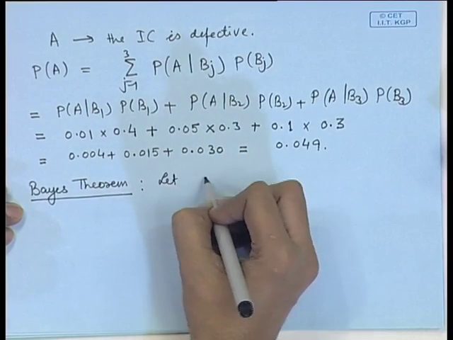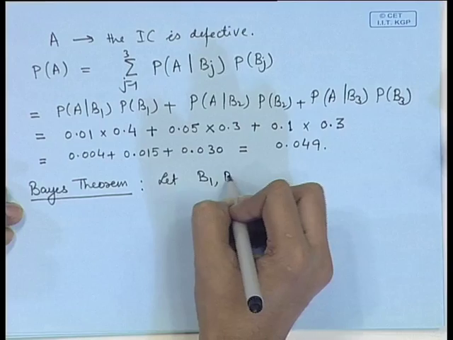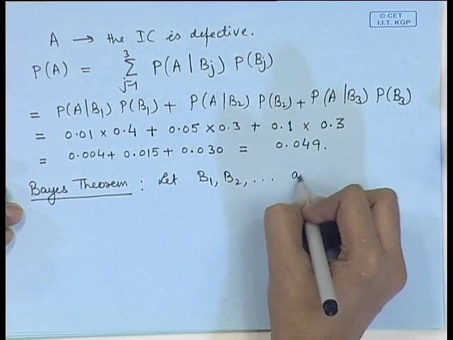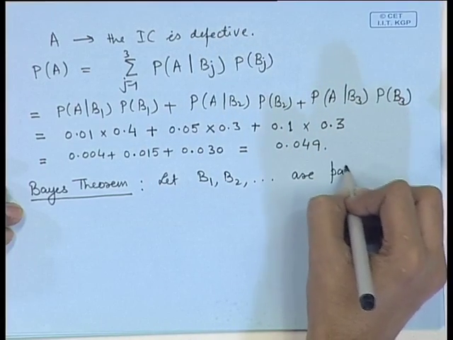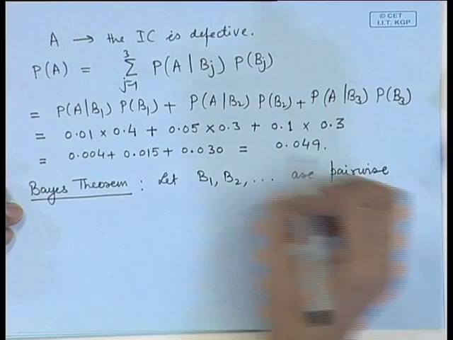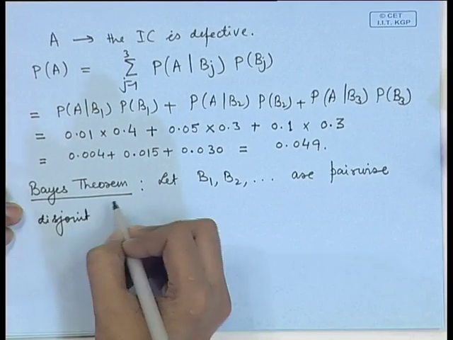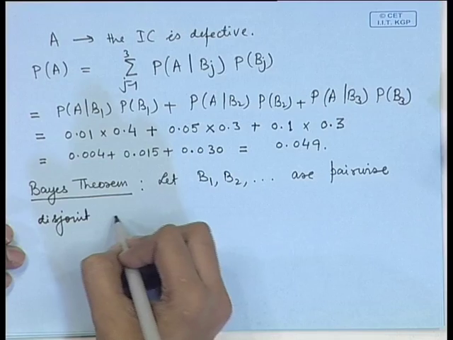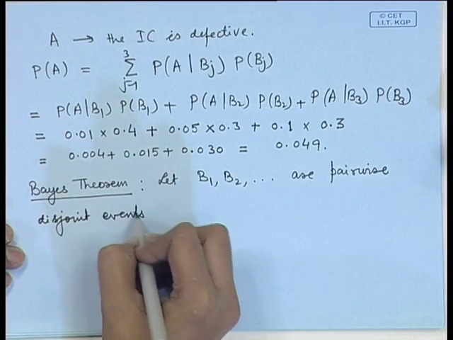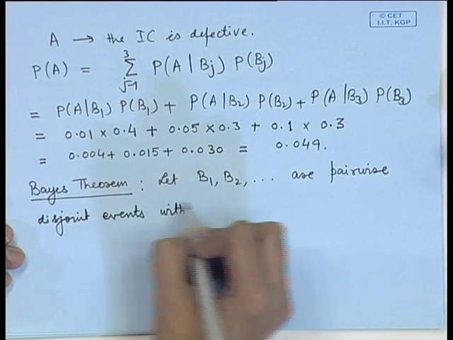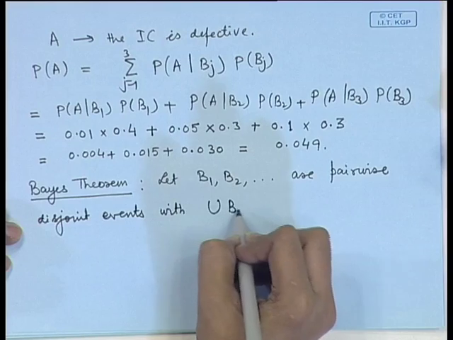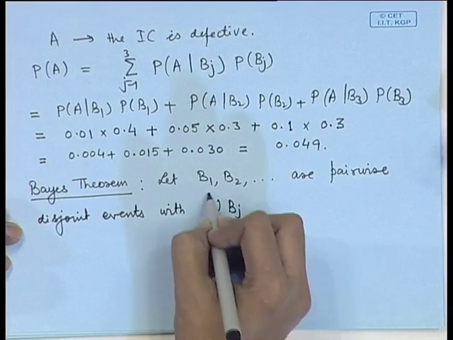Suppose B 1, B 2, etcetera are pairwise disjoint events with union of B j equal to, say, omega.